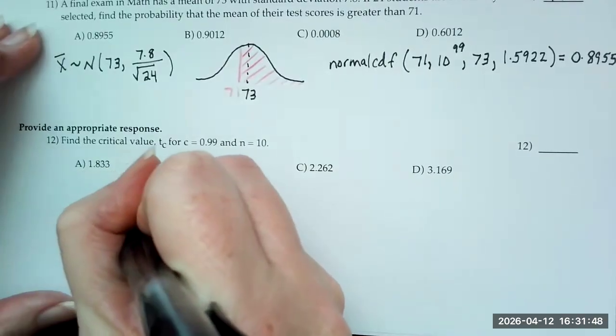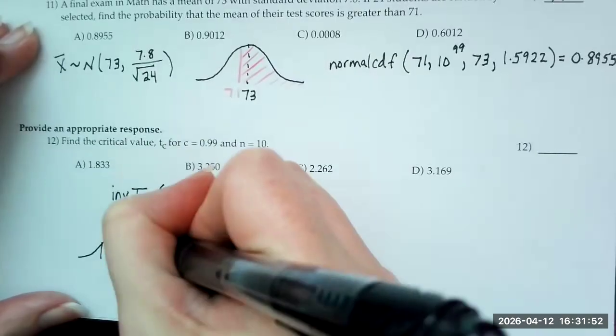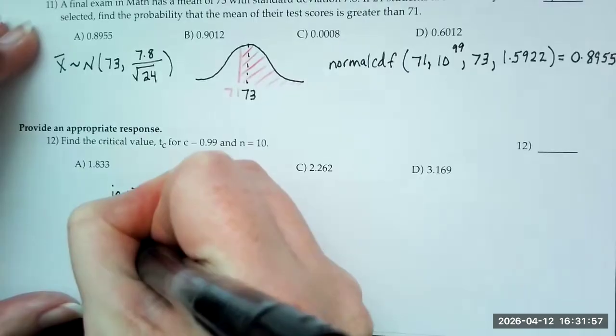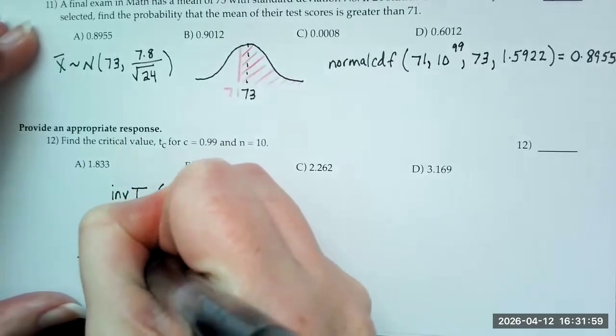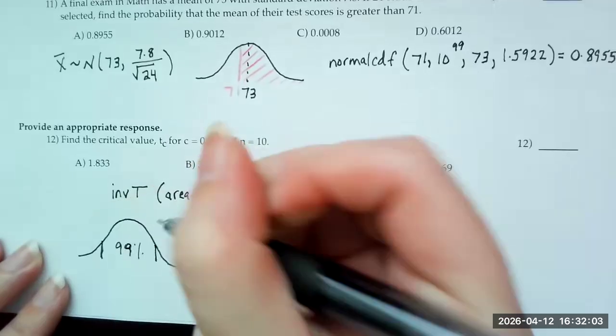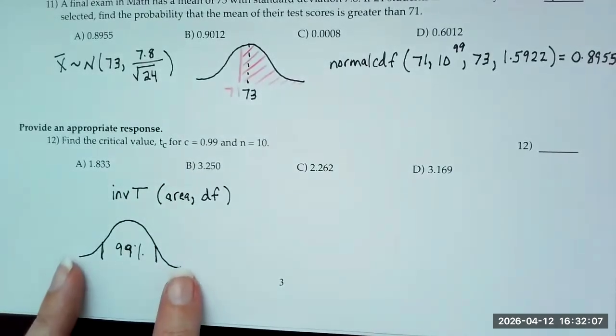The picture that I'm going to draw to help me figure out the area is this: if we're talking about a 99% confidence interval, I'm filling in almost the entire interval. So sorry, this is the 99% in the middle here. From this point to this point is our 99%, which means that we still have 1% left over that has to get divided between each of these two tails.